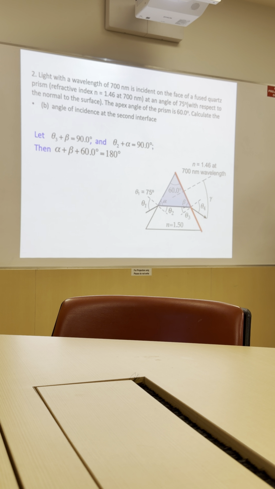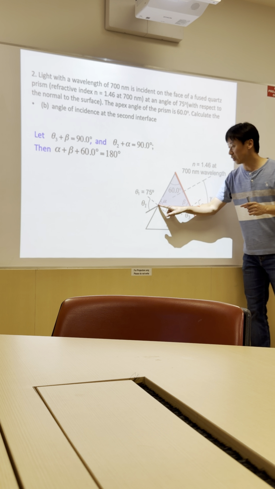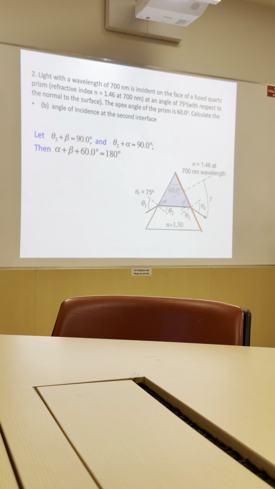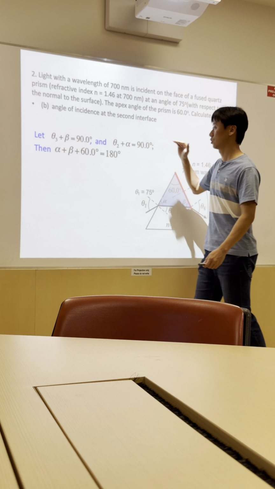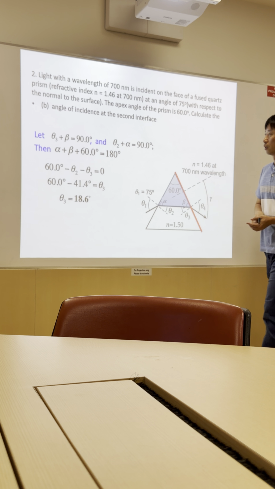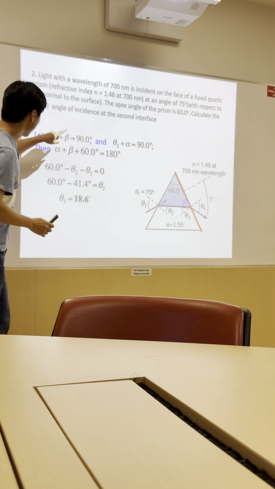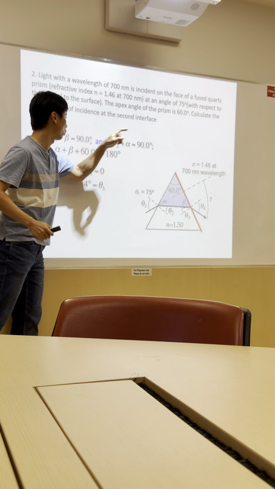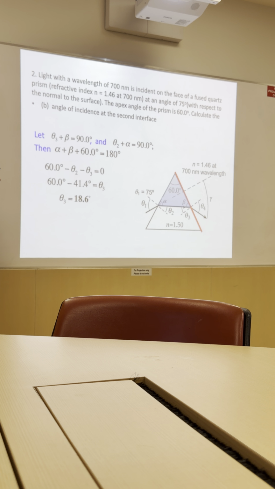Then, what is the sum of the inner angles of the triangle? This is 180 degrees. Okay, then let's use these 3 conditions. Add these 2, then theta 2 plus theta 3 plus alpha plus beta equals 180.